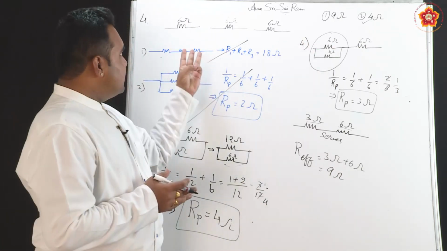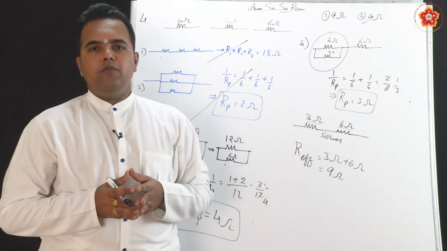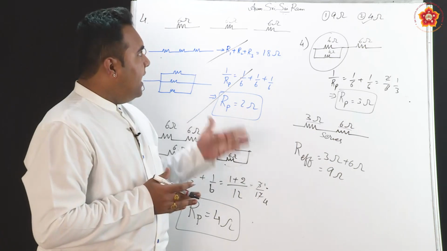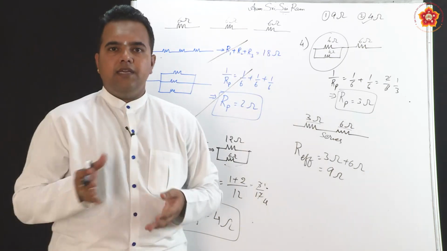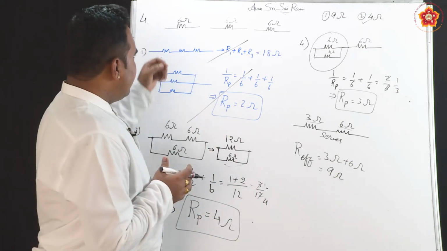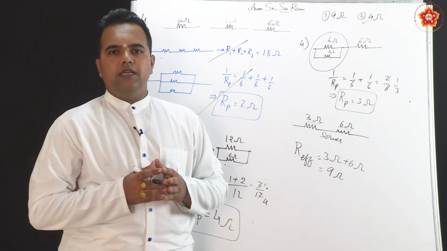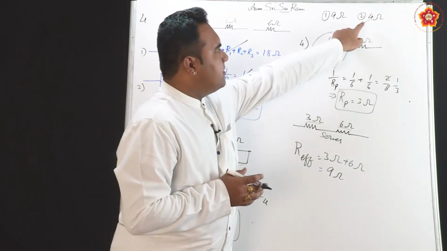So given 3 resistors, there are 4 combinations. Now, as you keep solving numericals, you will see that as the number of individual resistors increases, the combinations will also increase. So as you keep practicing, you will know which combination to choose quickly so that we get the desired result.